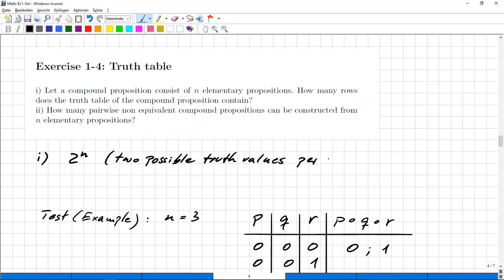Per constituent is the same as elementary proposition, or I could also say per input variable. Exactly speaking, or testing, this is fine.